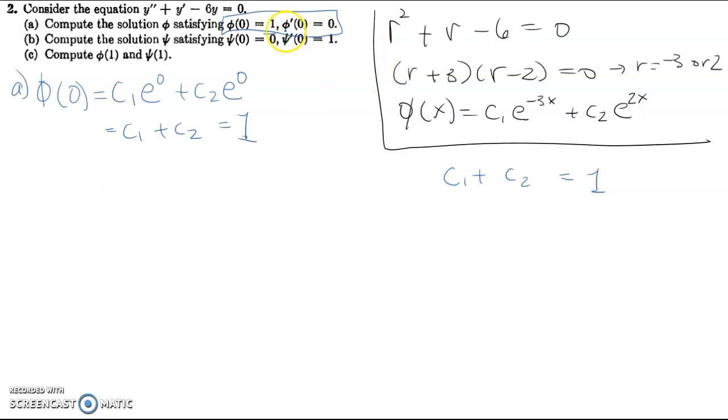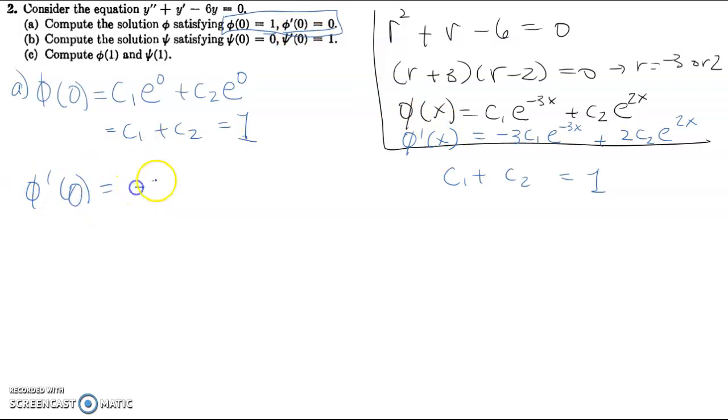It seems like we now have to differentiate this. I'll do that here. That gives us negative 3 c1 e to the power of negative 3x plus 2 c2 e to the power of 2x. Let me plug in 0 in here.